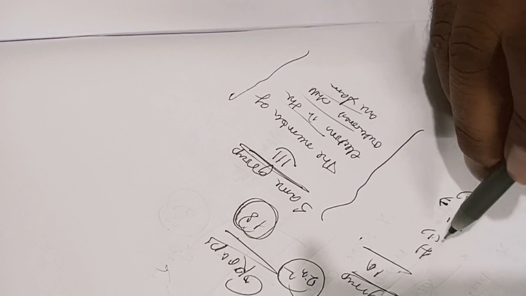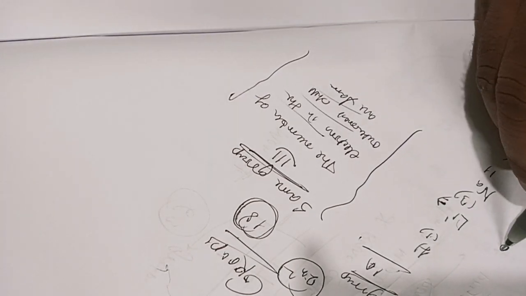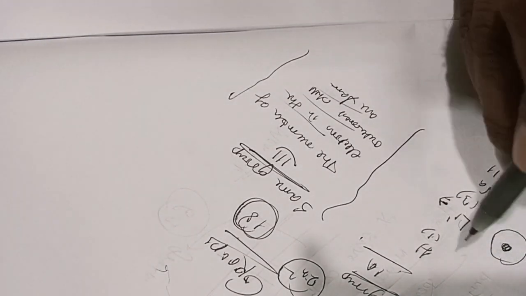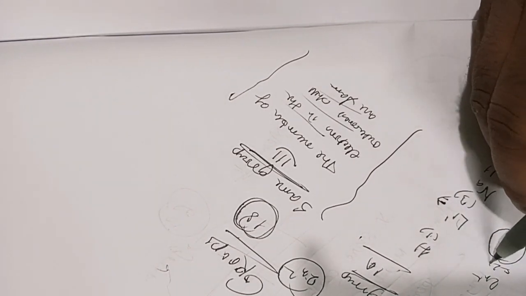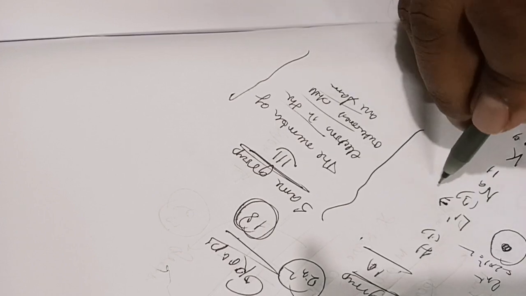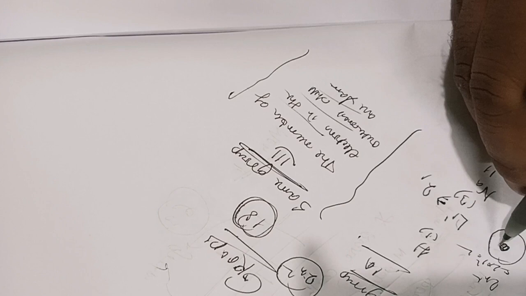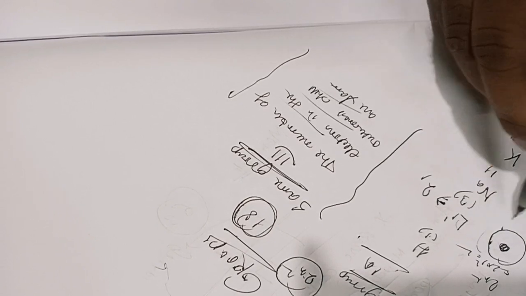The first shell can hold a maximum of 2n squared, that is 2 into 1 squared, which is 2. So in the first shell there are 2 electrons, and in the next shell there is 1.